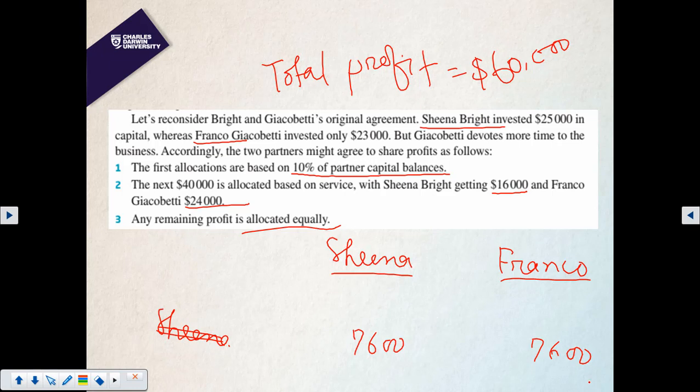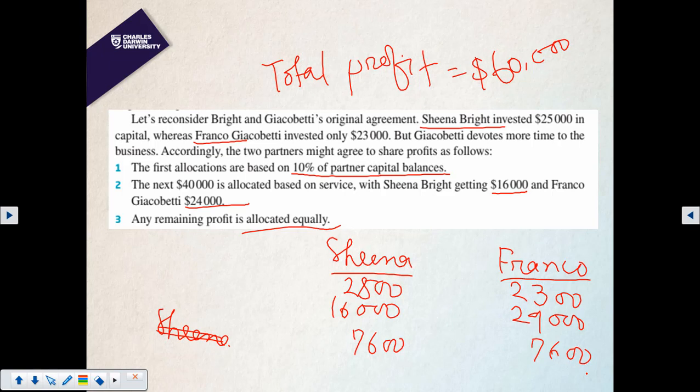But before this, they have some other balance, right? She'll get 2,500, right? 10% of this. Yeah, 2,500, 2,300. Very good. And then, very good, 16,000 and 24,000.